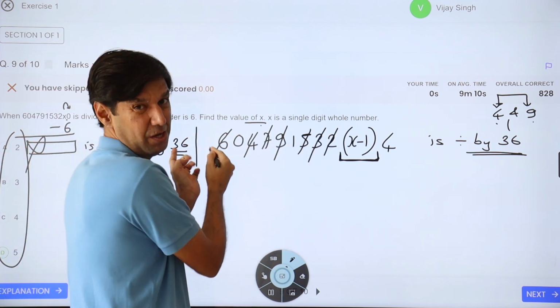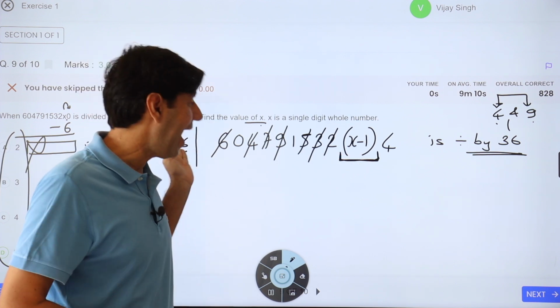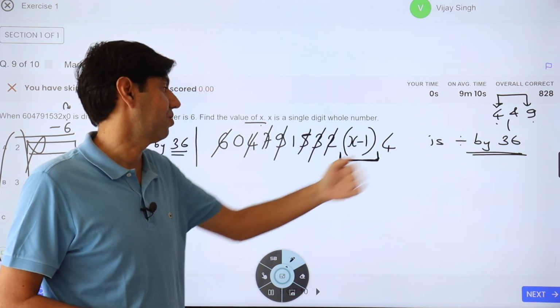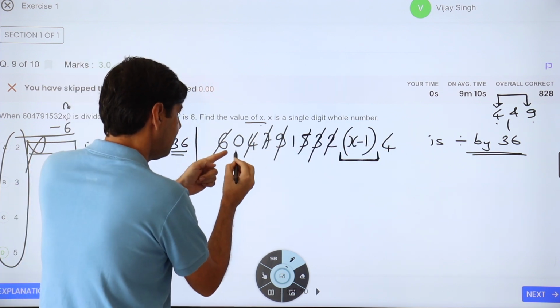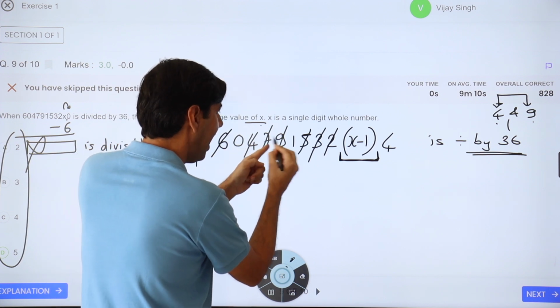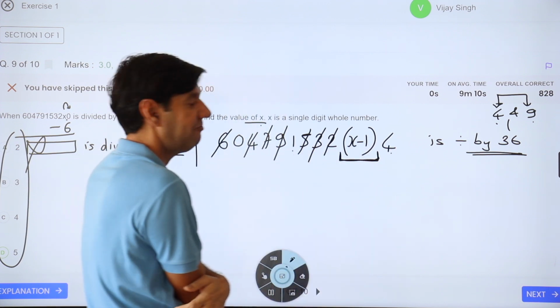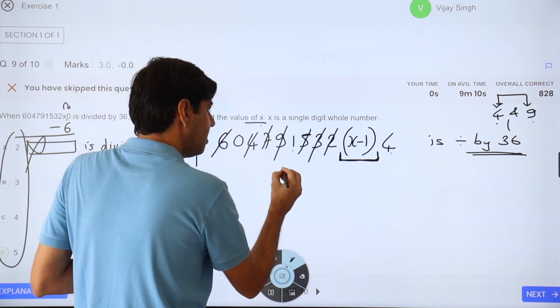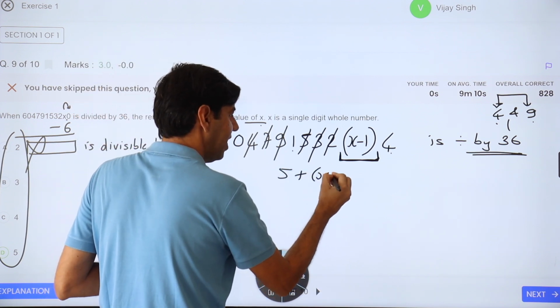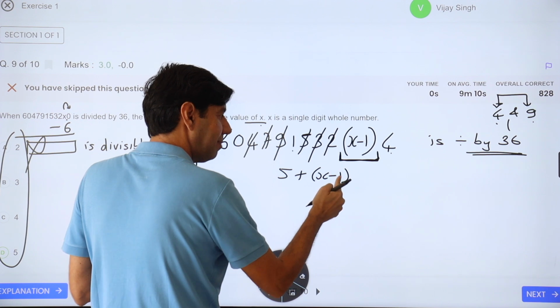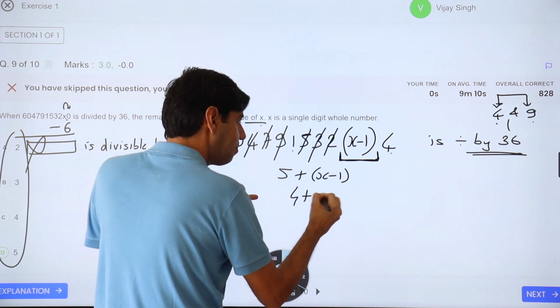If you don't like this dropping business, add it yourself. Add the digits on your own, right? So what are the digits that are left? 0. Now I'm adding the digits. 1 and 4 is a 5. So this is a 5 plus x minus 1. And when you do the x minus 1, again you could say this is a 4 plus x.